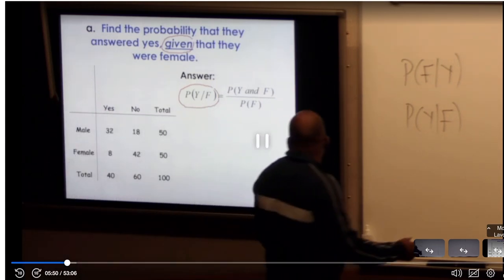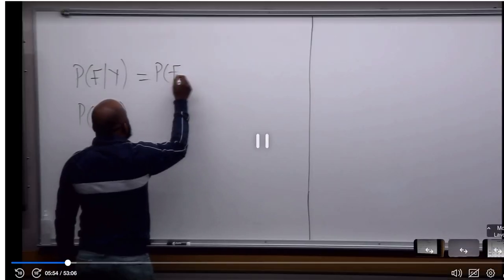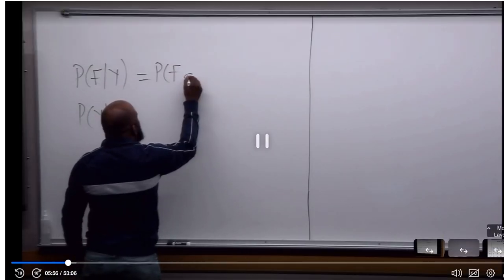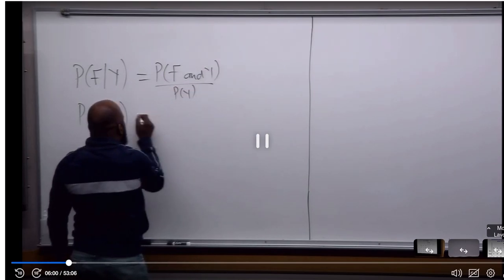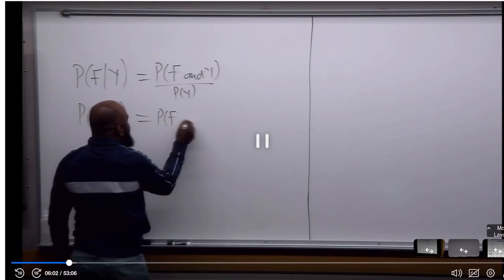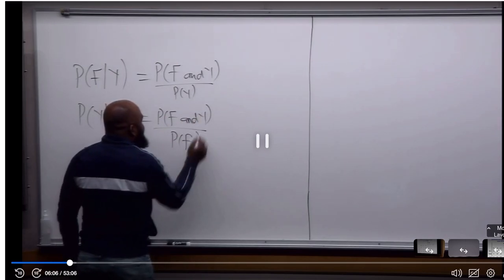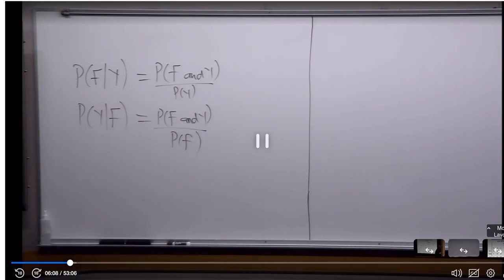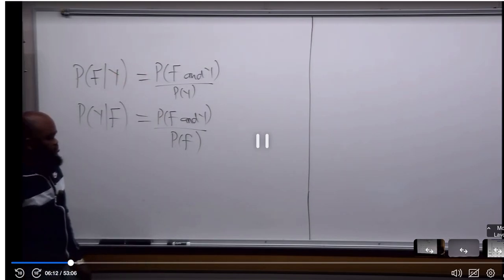Now, if I want to rewrite the same for this, this is going to be P of F and Y divided by P of F. And this other one is P of F and Y divided by P of Y. You can see, in definition, the two of them are not the same.